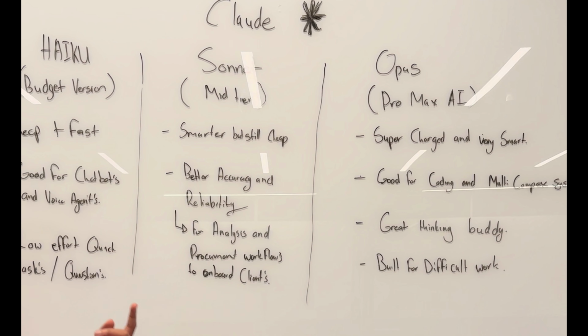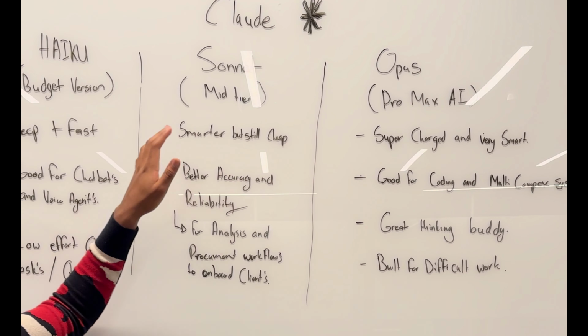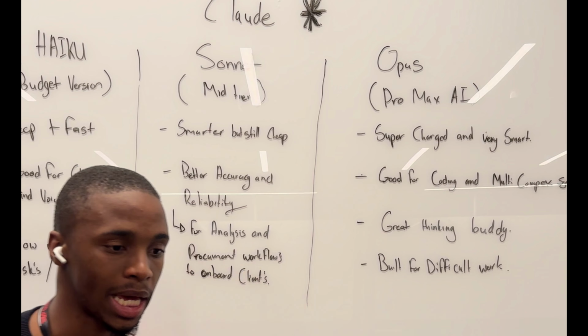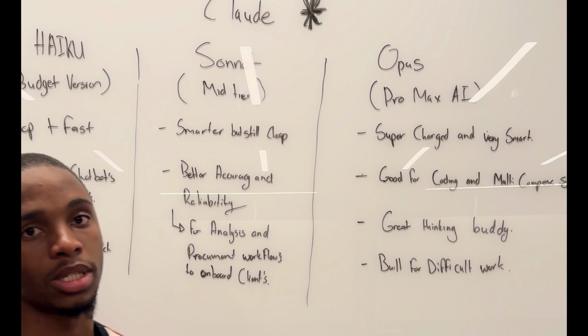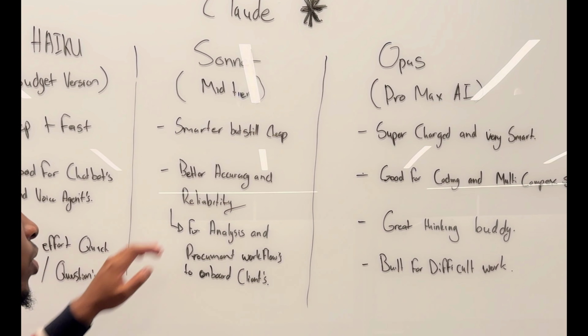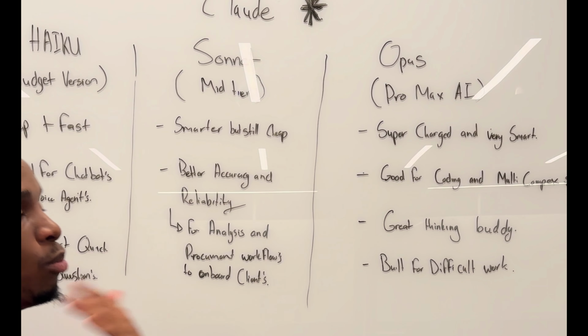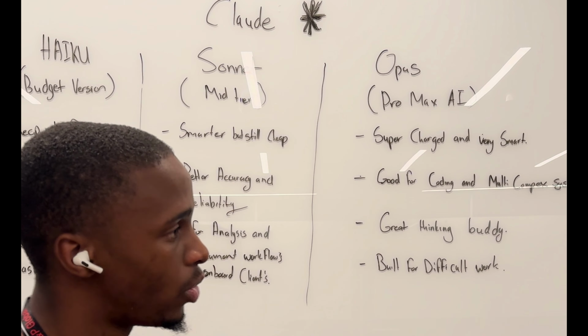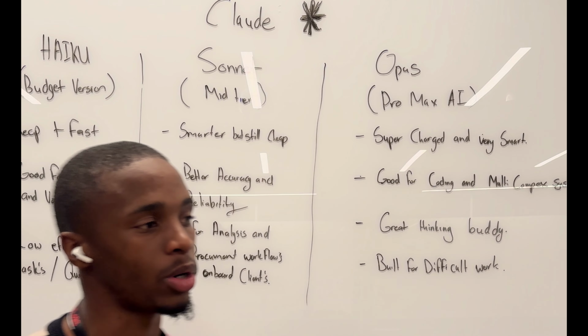The next one is Sonnet. Sonnet is like the middle version of the Opus, and this one is still fast. It's still faster, but it's just a bit smarter than Haiku, meaning that you'll get better responses based on the questions and the tasks you give Sonnet rather than Haiku. And also, it's more accurate and more reliable than Haiku. Remember, Haiku is just for your quick tasks, things that don't require memory.